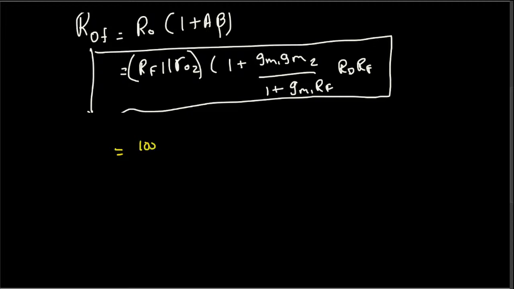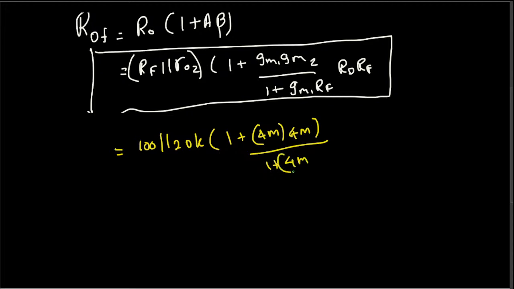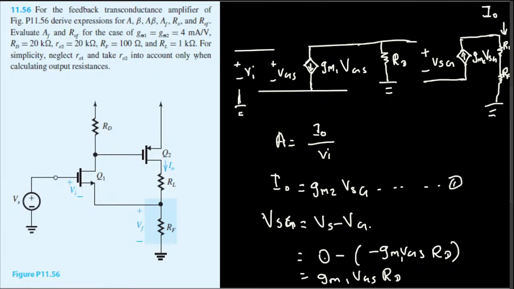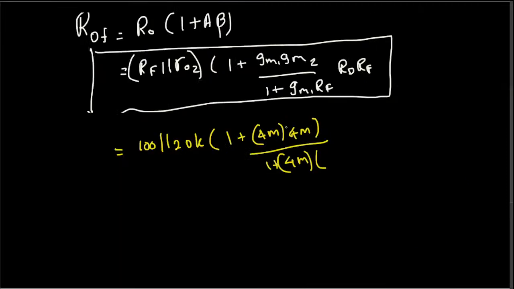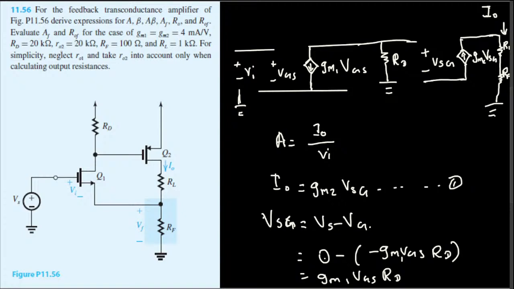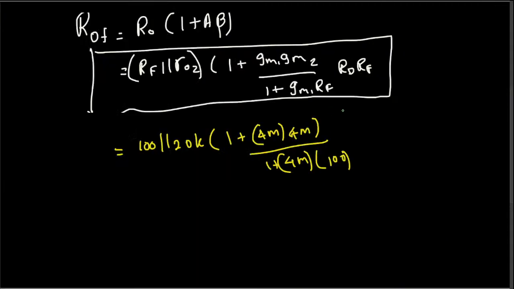So this is 100 parallel 20k times 1 plus gm1 gm2, which is 4 milli times 4 milli, divided by 1 plus gm1, that is 4 milli, multiplied by the feedback resistance, which is 100, multiplied by rd, that's 20k, times 100.